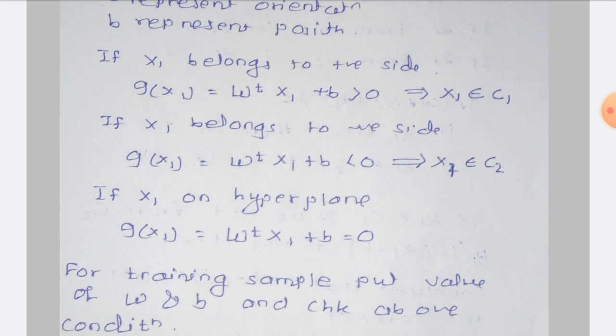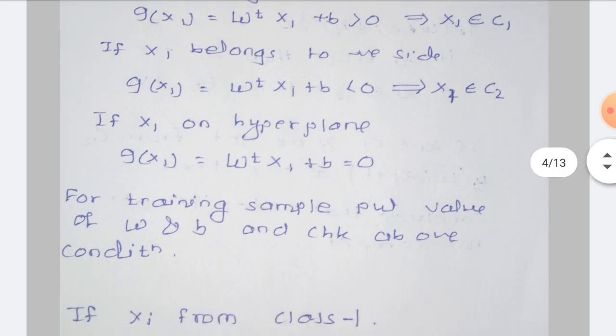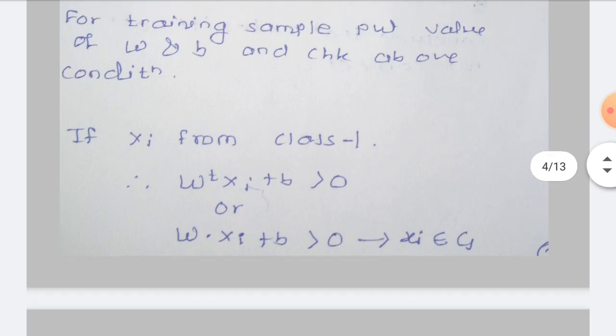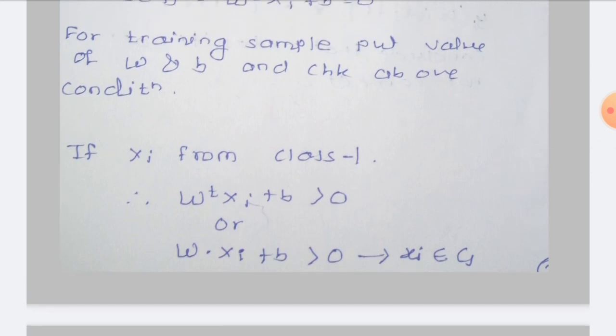Until we get this greater than 0, we have to keep finding the values. Similarly, if the training data sample is from class 2, then WTx1 plus b should be less than 0, and if it is not, then change the values of W and b so that we get WTx1 plus b less than 0 for class 2 data.